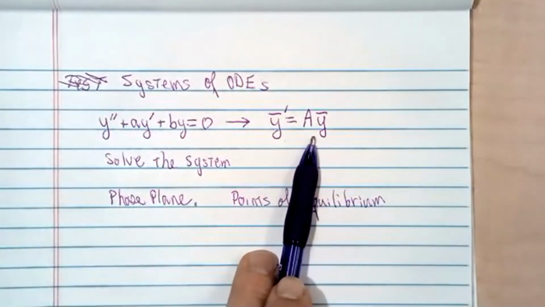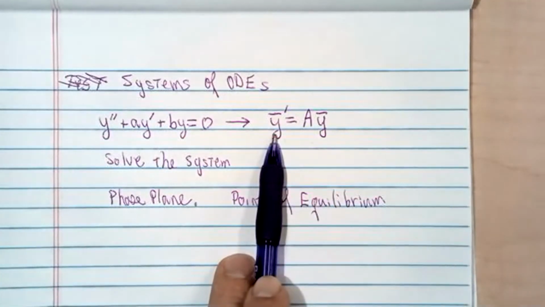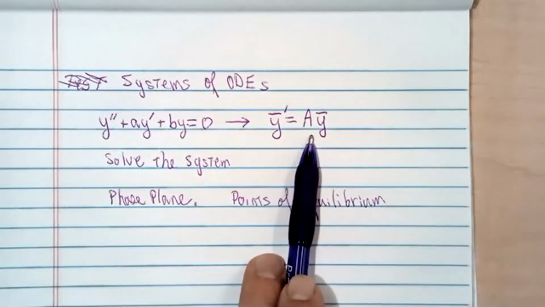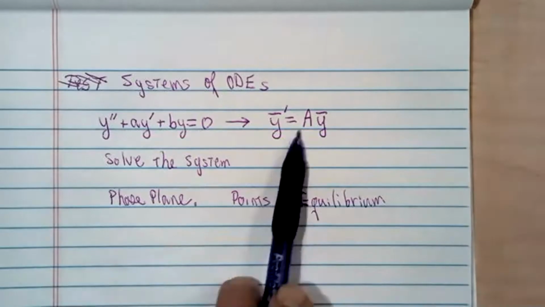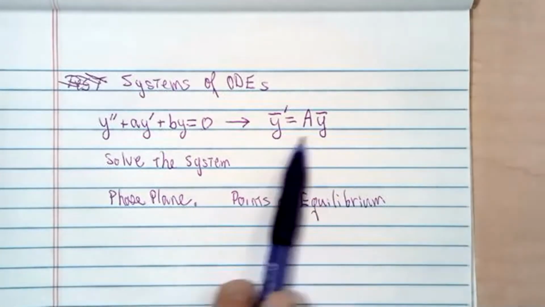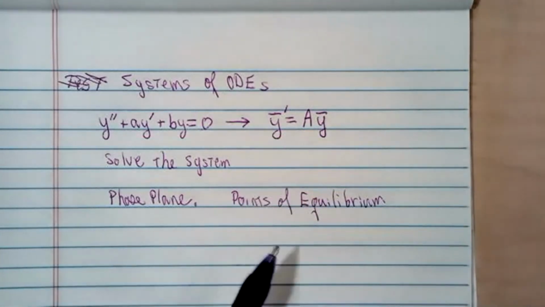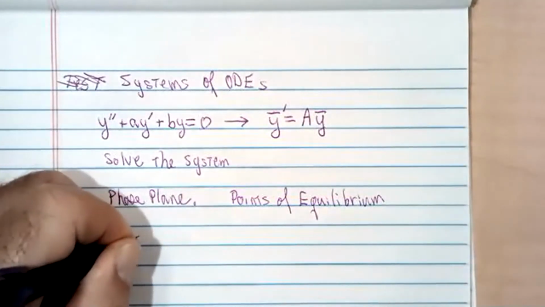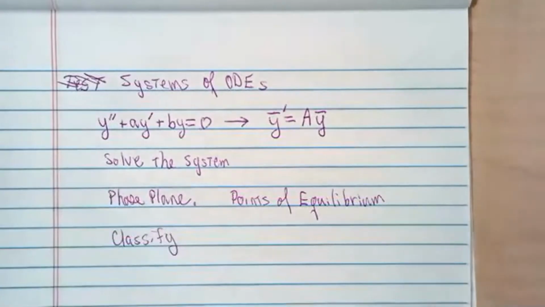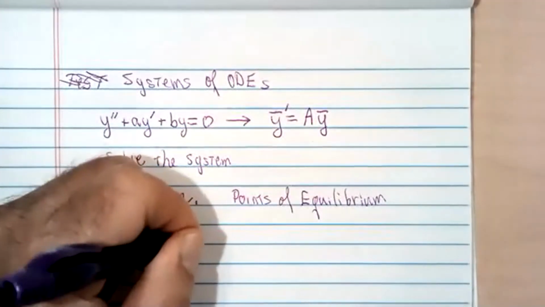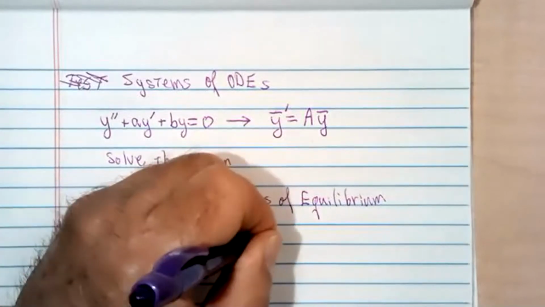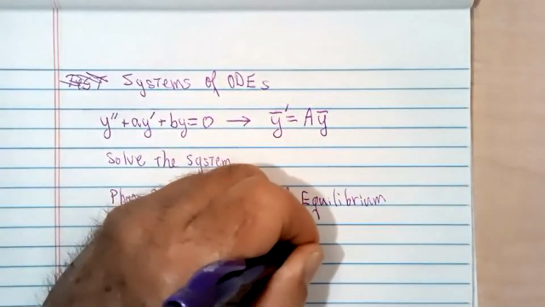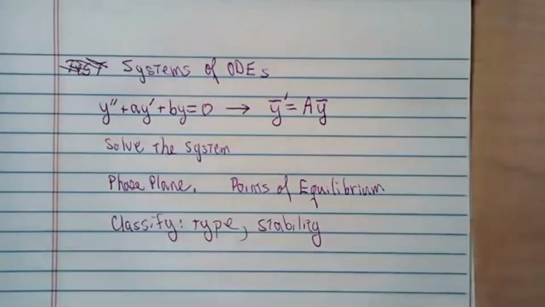In this sort of system, there's always only one point of equilibrium. It's the origin. But with nonlinear systems, you can have more, so it makes sense to start with the simple one. When we look at these points of equilibrium, we're going to classify them according to their type, and also according to what we call the stability of the equation.